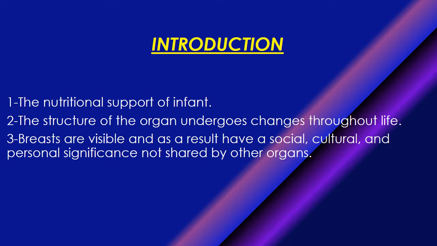Finally, the breasts are visible and as a result have social, cultural, and personal significance not shared by other organs. So, all these features play an important role in the origin, presentation, and treatment of breast disease.